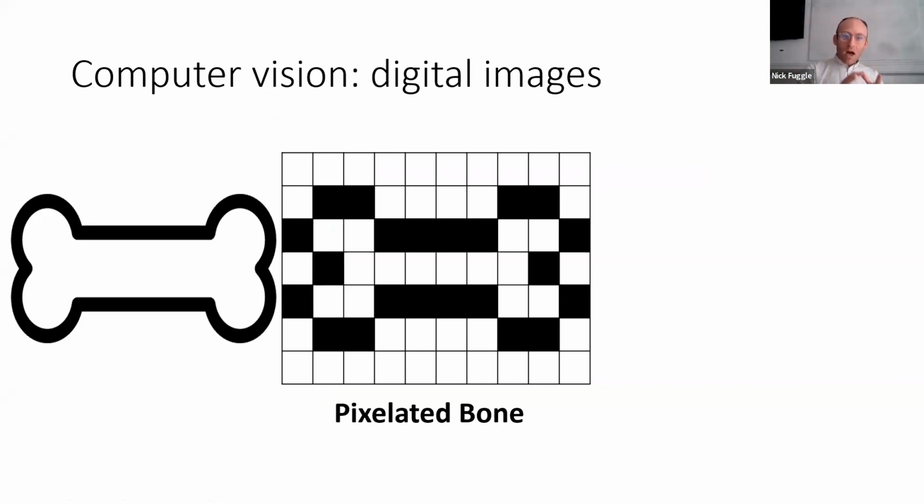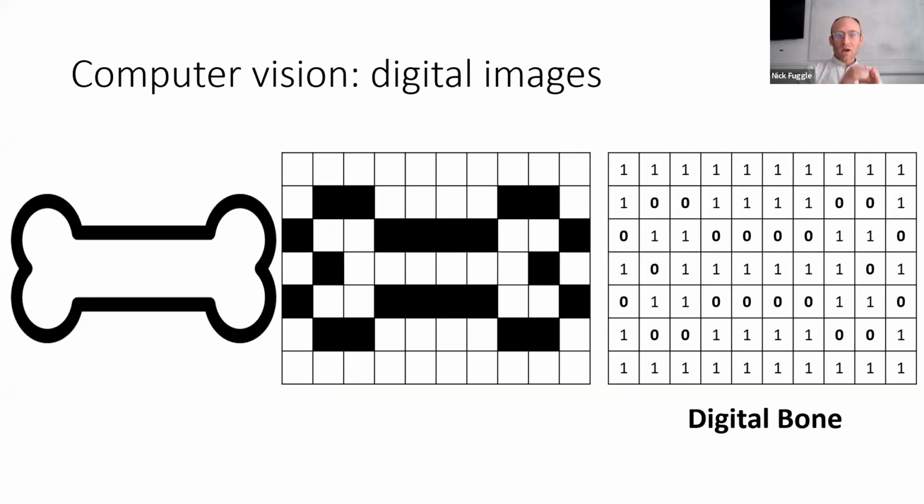But if we drill in further to what the computer's actually seeing, it's not seeing pixels as white and black boxes, but actually as numbers relating to a level of intensity with ones and zeros. If there's grayscale in between them, that can be anywhere in between those two numbers. And if we look at this box that we have here of a digital bone, we actually no longer really have a bone, but we have a mathematical matrix.